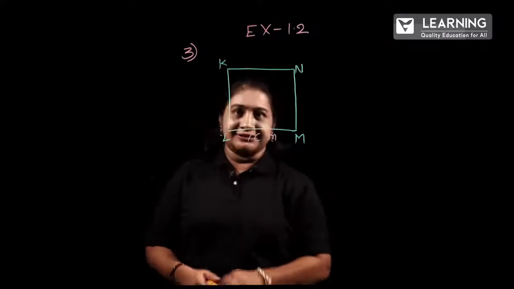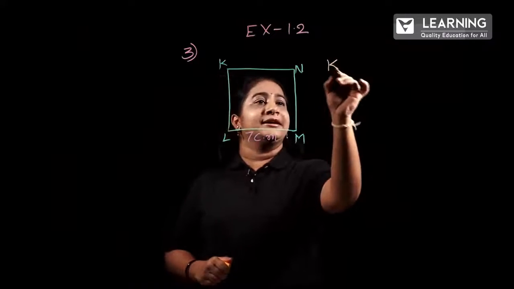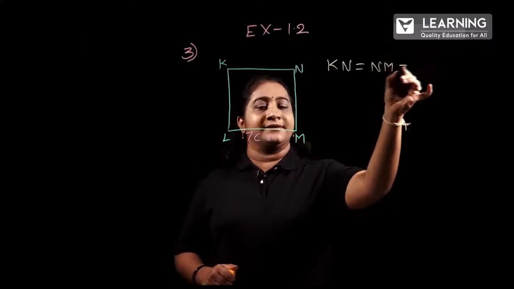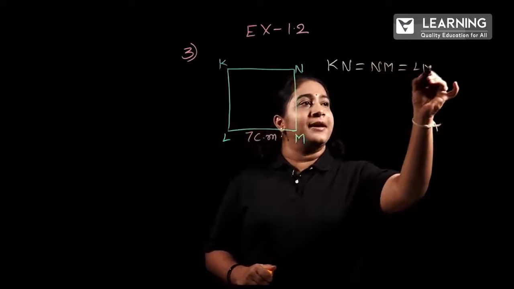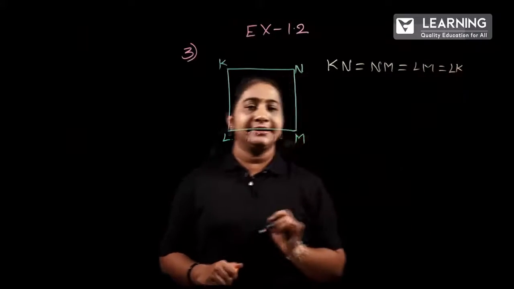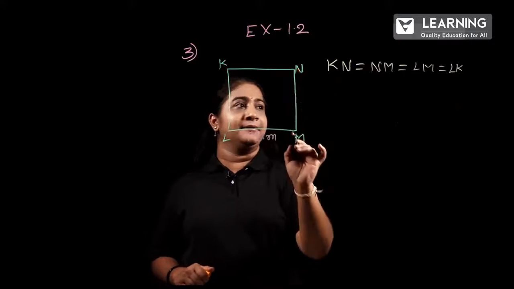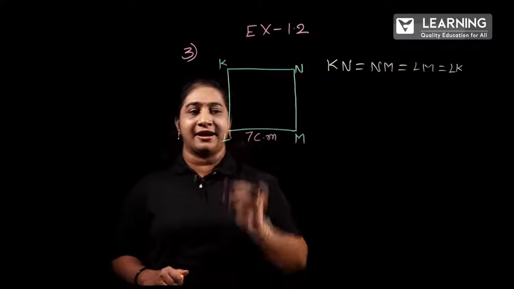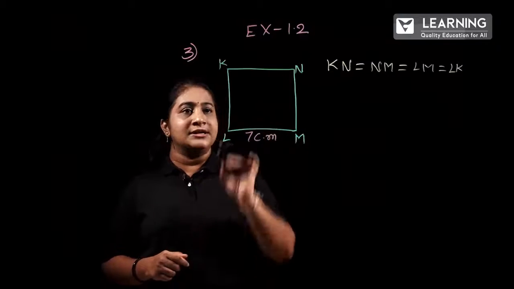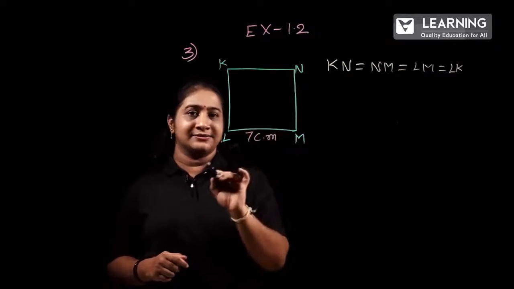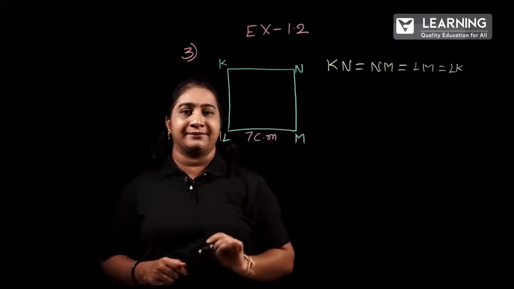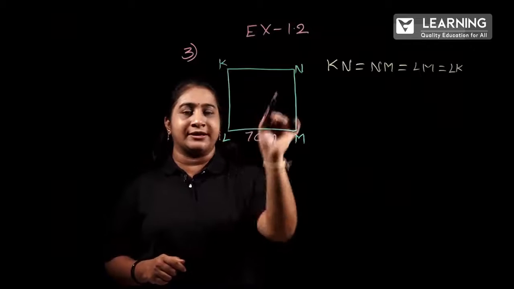What is the condition? That is KN is equal to NM is equal to LM is equal to LK. Right? All the sides are equal. If all the sides are equal, then the name of the diagram is square.